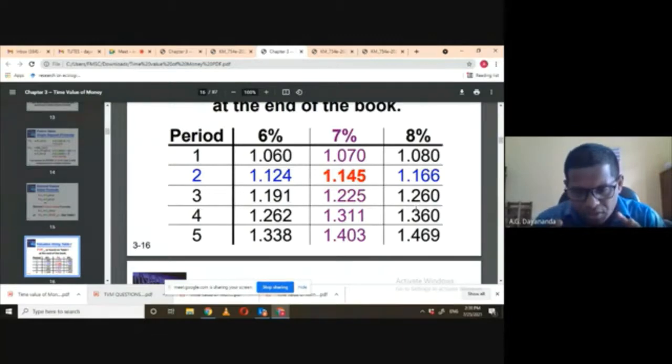So you can talk about present value and future value of an annuity. When you say annuity, there is a series of payments. You can talk about the present value of annuity and the future value of annuity. And also you can discuss the annuity present value due and ordinary, and annuity future value for ordinary and annuity due.